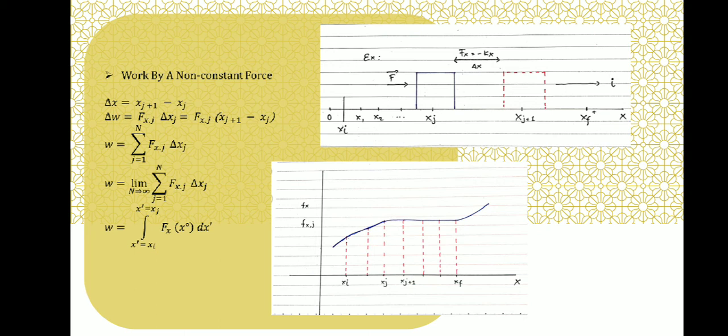Plotting Fx versus x, we plot the force as if it were increasing as a function of x. Here is xf. We're going to make a geometric interpretation considering xj and xj plus 1, and the value here is Fx of xj.